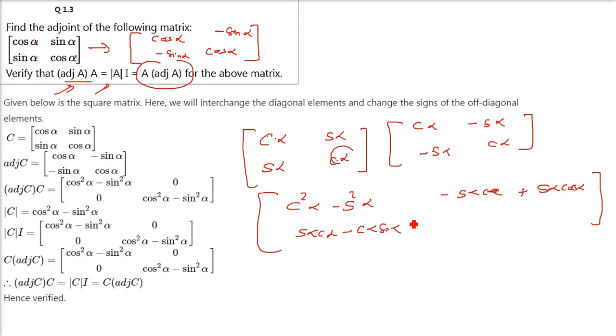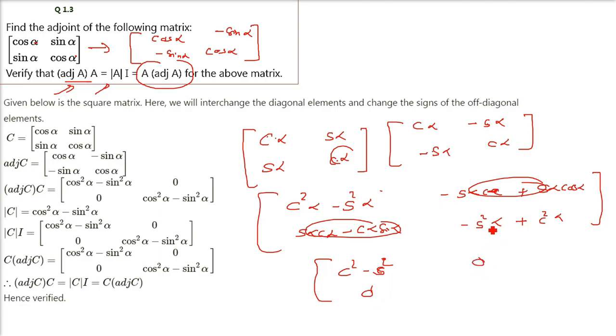And then we have second row with the second column. So minus sin square alpha and plus cos square alpha. Okay, this is 0, this is 0. This is cos square alpha minus sin square alpha. So c square minus s square I am writing. 0, 0, cos square minus sin square.